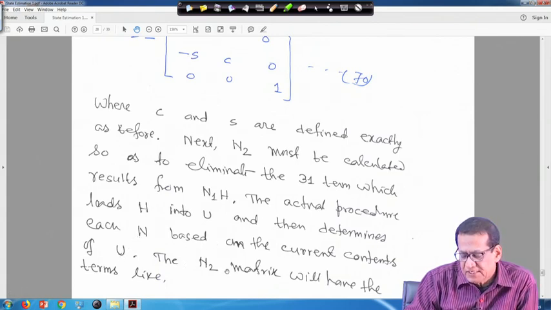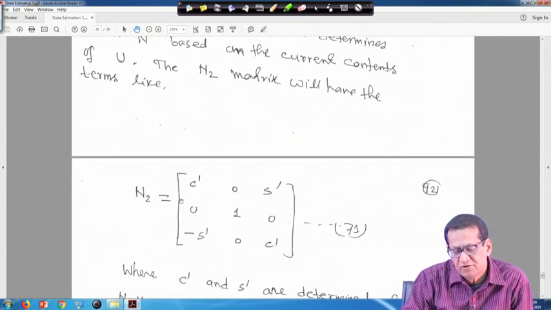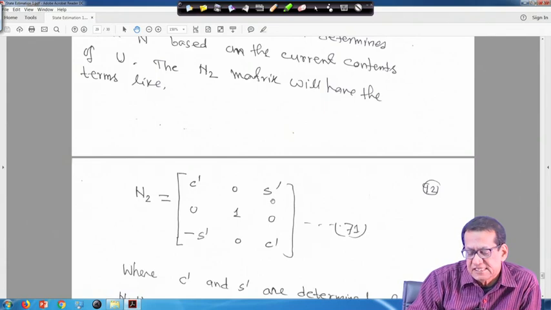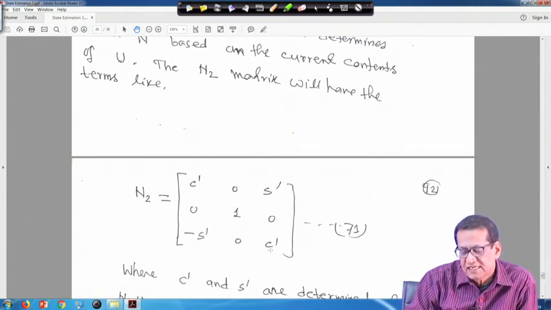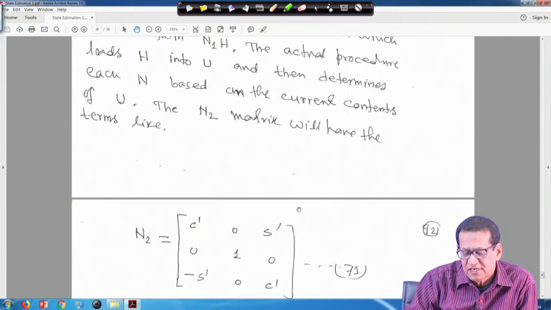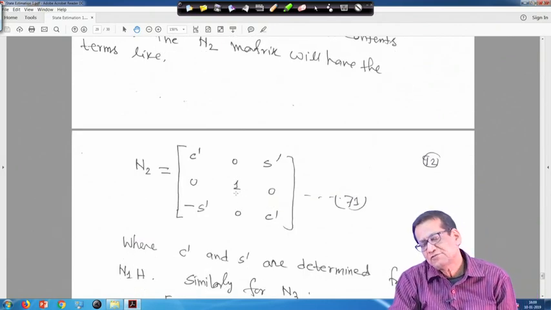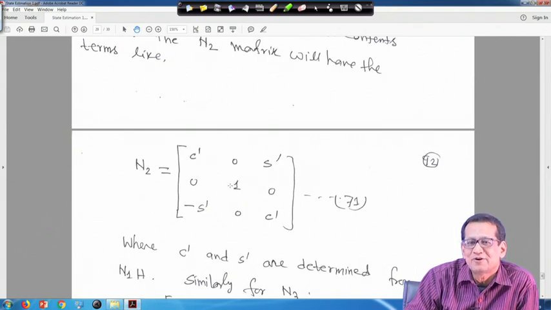So, the N 2 matrix will have terms like this: C dash 0 S dash, then 0 1 0, then minus S dash 0 C dash. Here it was C, S, minus S, C, 1 0 0 1. For this, you can see any control system book, just go through it a little on your own; here I have to minimize the time.